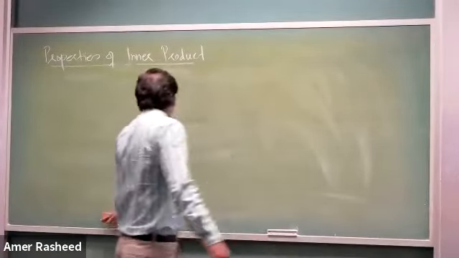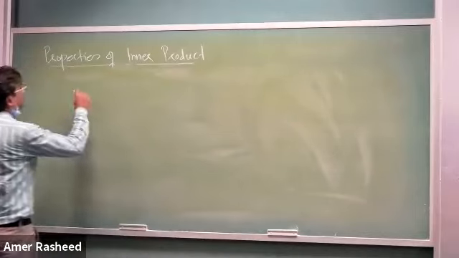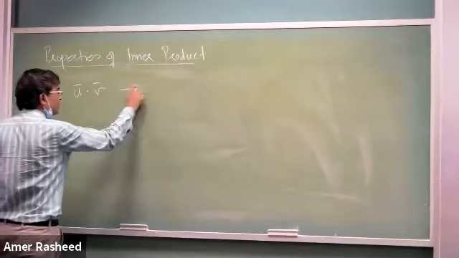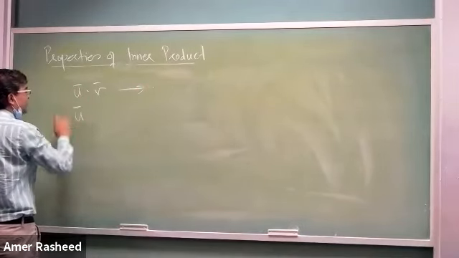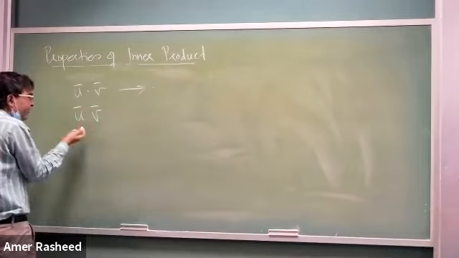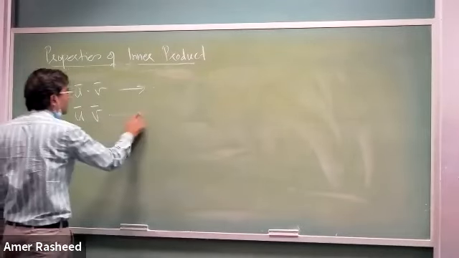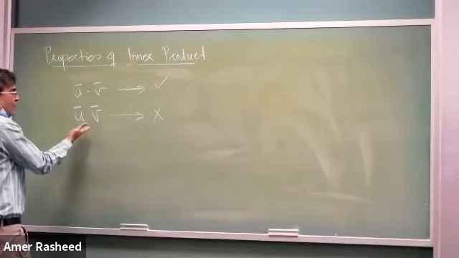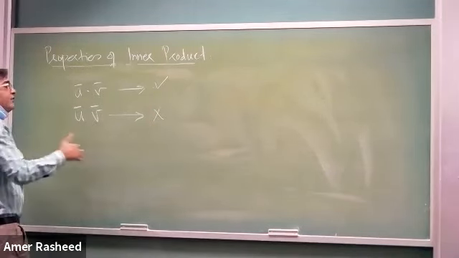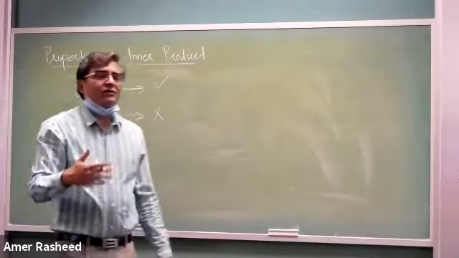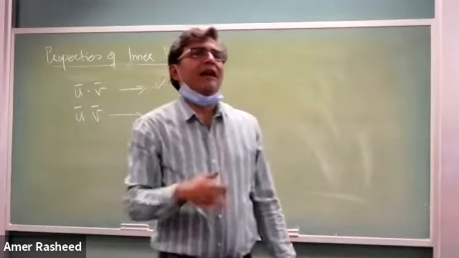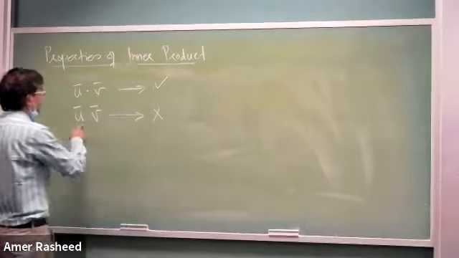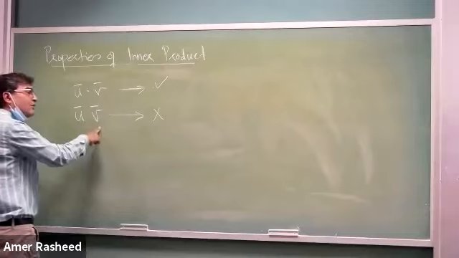If someone asks you to find u dot v, this is possible. But if someone asks you to find u into v, this is not possible, because we cannot multiply two vectors with each other. Basically, this multiplication would have to be just like matrix multiplication, and the order of this is n cross 1, and of this also n cross 1.